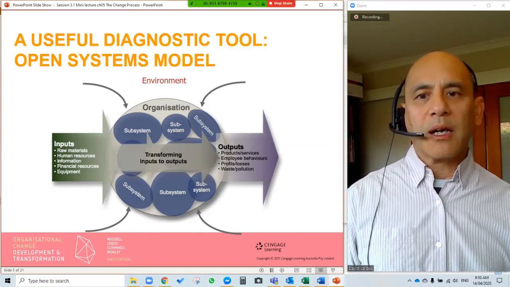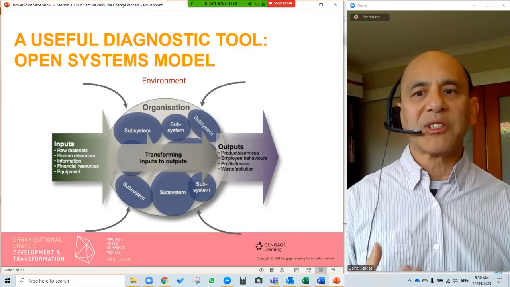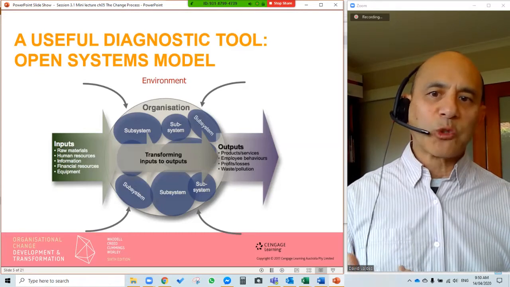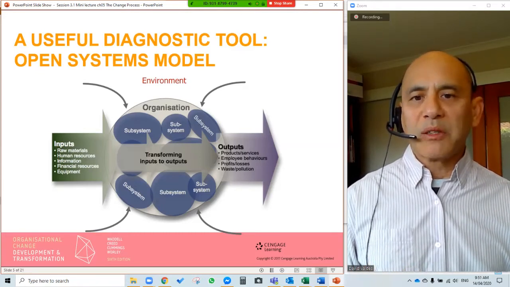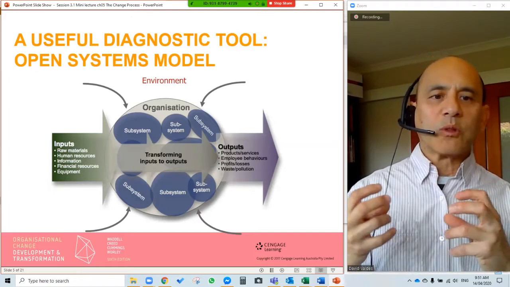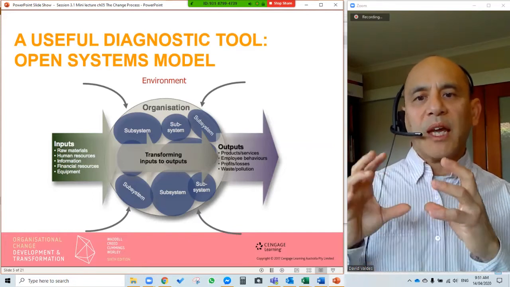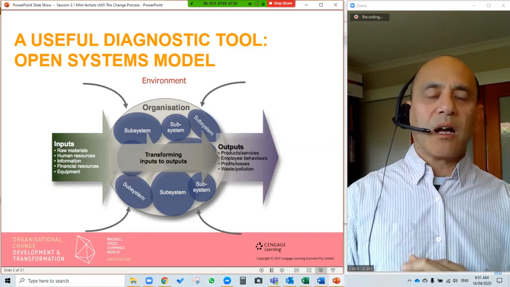So in an organization, it's the same thing. We have little subsystems, for example, the sales group. You've got the finance group. You've got the research and development group. All of these little groups will talk to each other and they basically coordinate with each other. And when something is wrong with one subsystem, it can affect other subsystems.